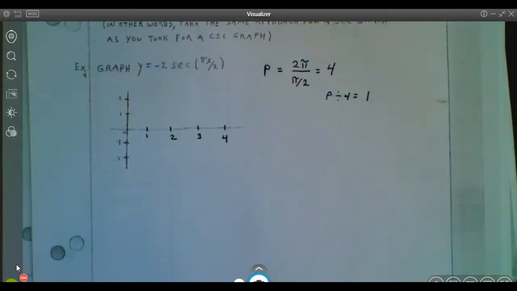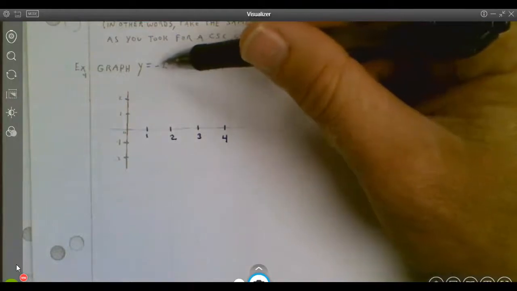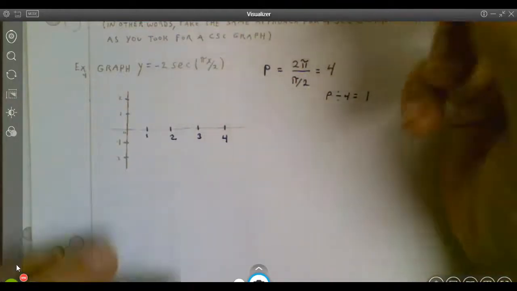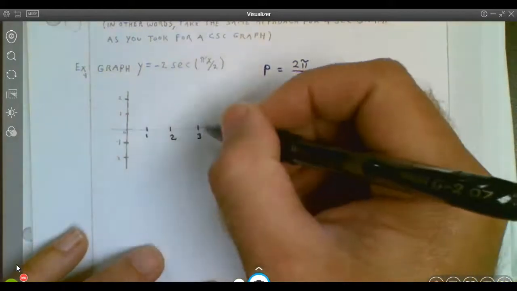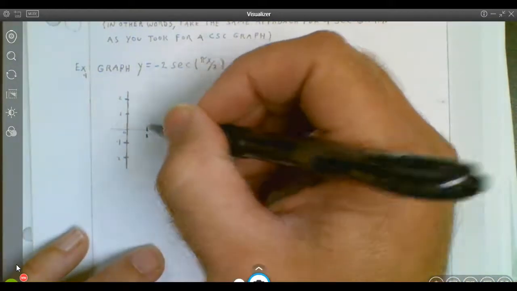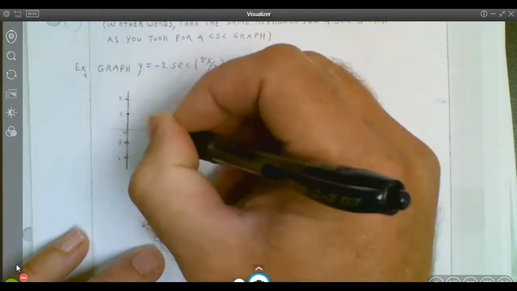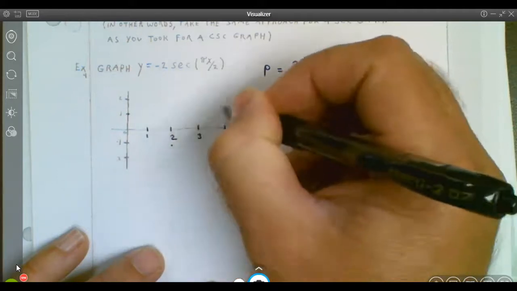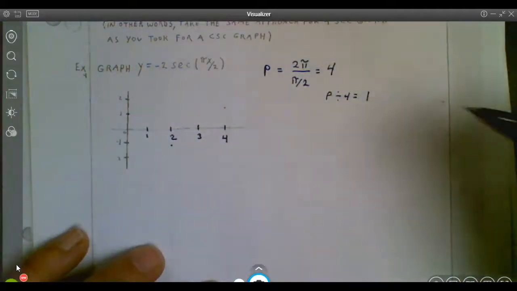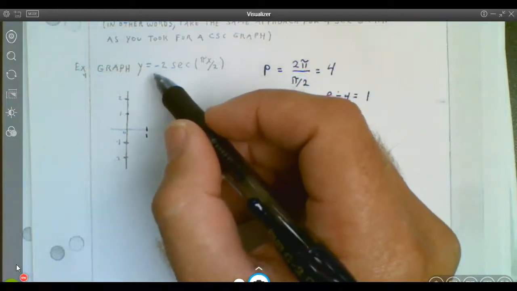Those are my x's. So if we apply our information that I'm seeing here, remember that the parent function of a cosine graph doesn't start at the center, doesn't start at the midline, it starts at the amplitude. And so in the parent function, it went from 1, 0, negative 1, 0, 1, right? That was the parent function. These guys are being multiplied by negative 2, right?